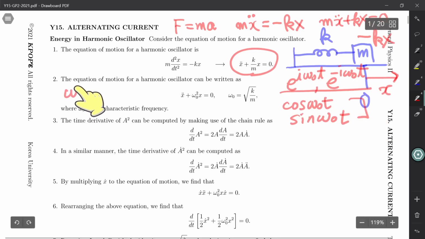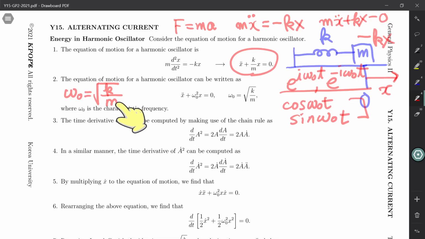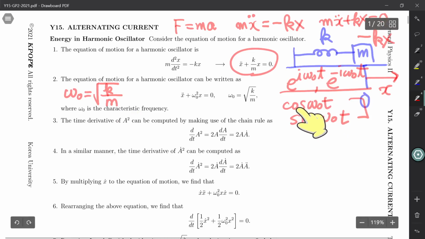Here omega 0 is the characteristic angular frequency, that is square root k over m. The solution of this differential equation is a linear combination of these two contributions.